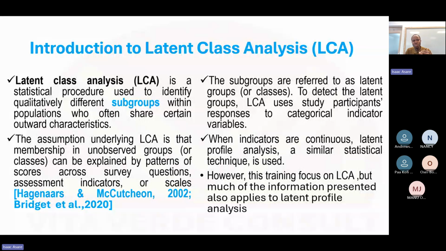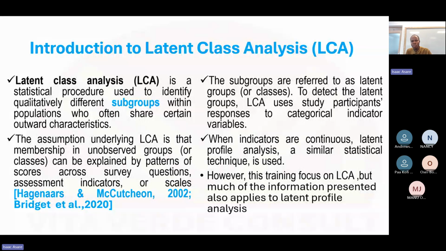Okay, so in this training, we are focusing on the latent class analysis, right? Later on, we'll try and see if we can organize a different session where we'll be using the profile analysis for a different kind of research. Okay, so we now know what the latent class analysis is all about, right?